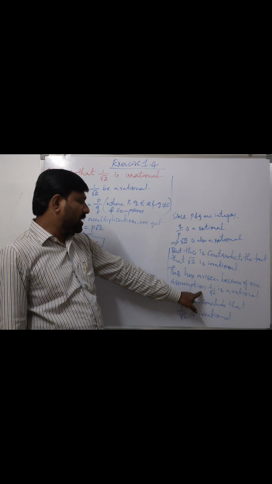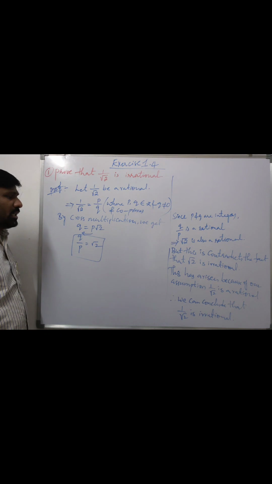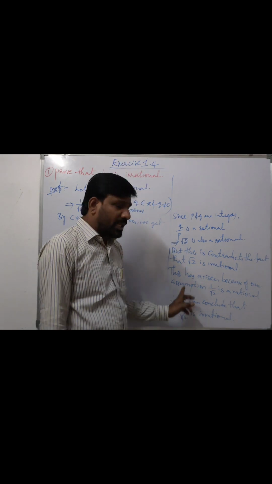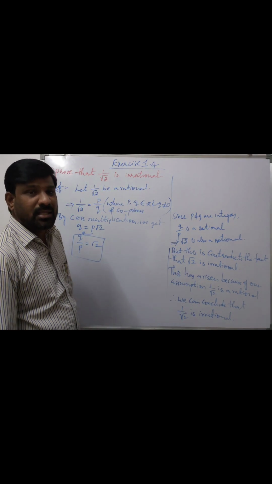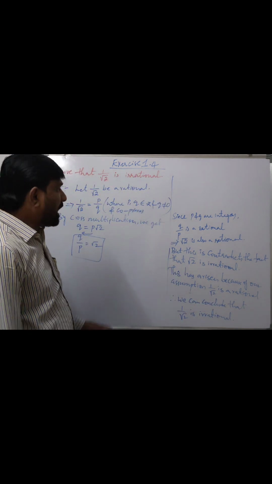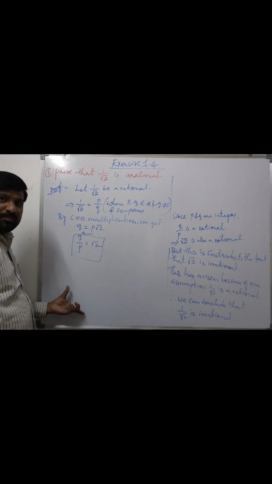So what can we conclude? 1 by root 2 is irrational. Or else, one more statement you can include: therefore our assumption is wrong. Since there is space, I can write that here also.